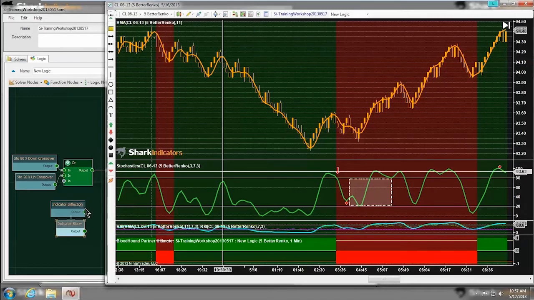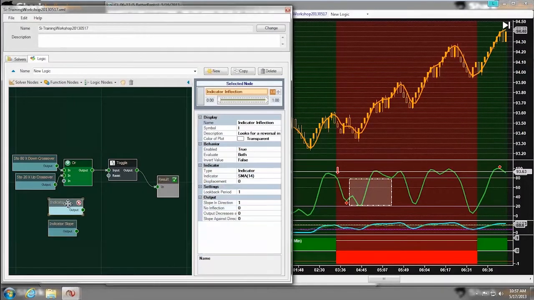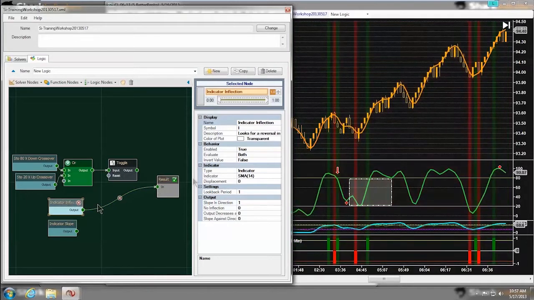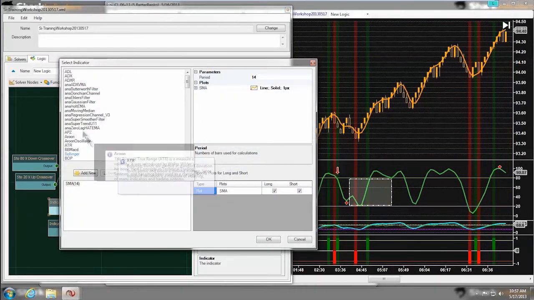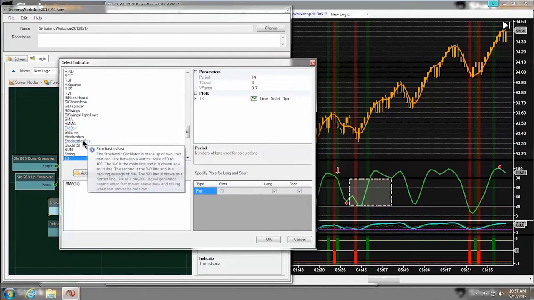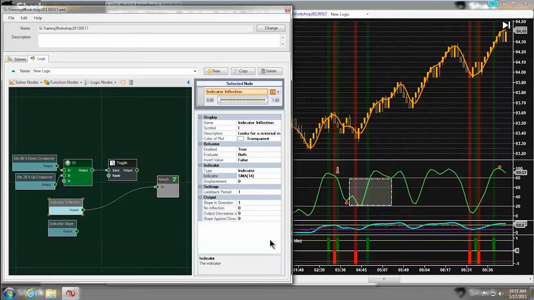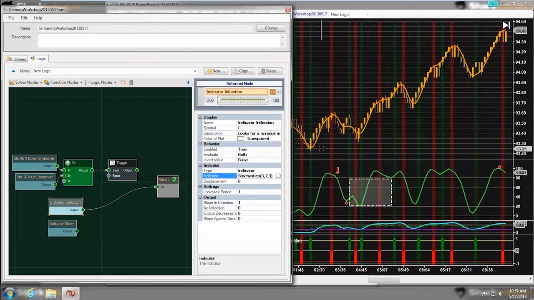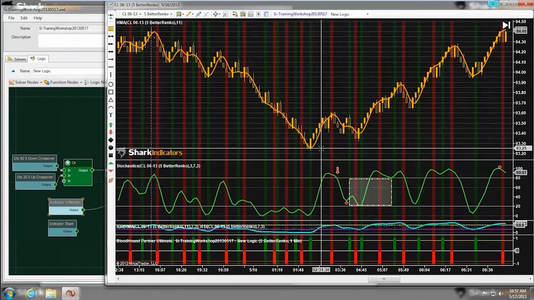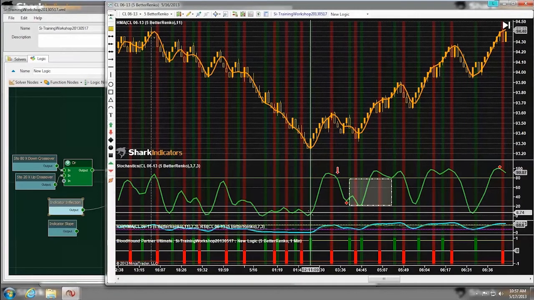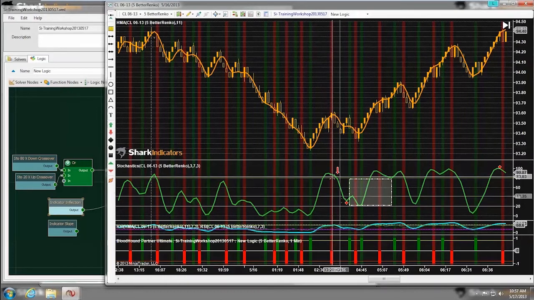All right, so back to building this inflection solver. I'll plug the indicator in. We'll switch it over to our stochastic real quick. All right, that was simple enough, right? Reverses up, we get a long signal, reverses down, we get a short.